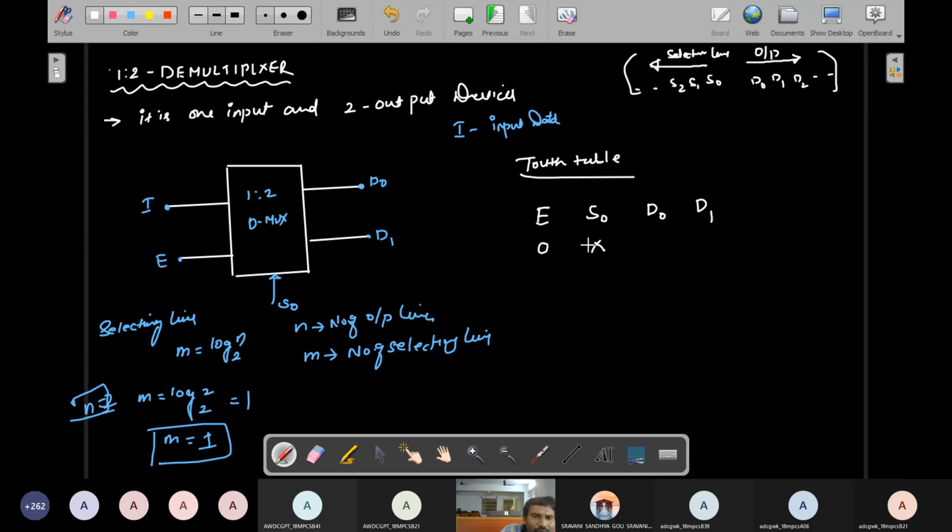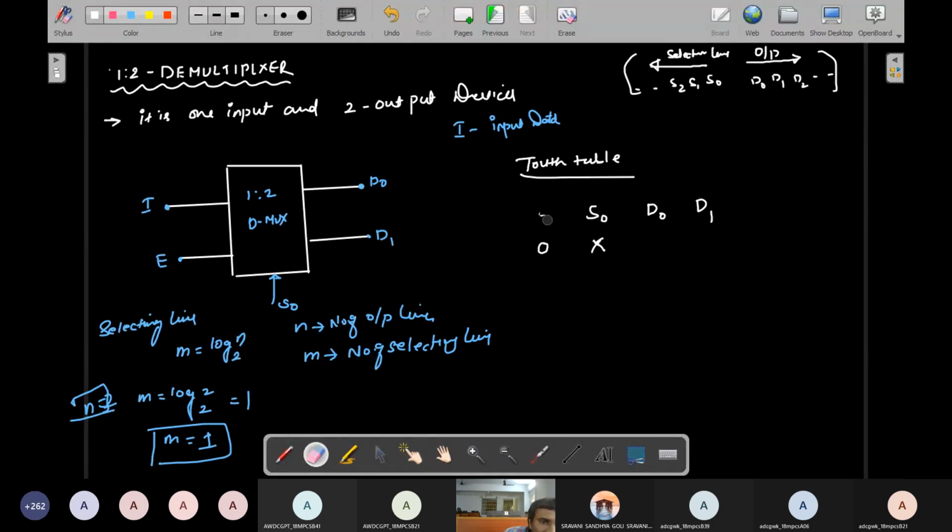That's why you don't care about this terminal. Whatever it may be, the output terminals are also 0, because this input was not selecting any lines.